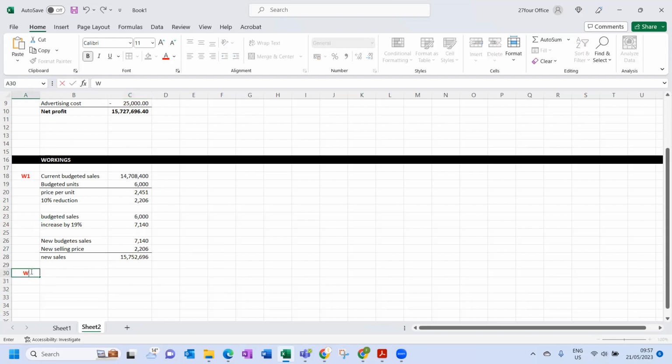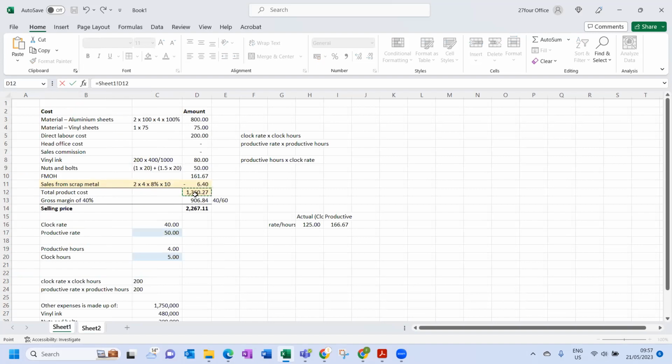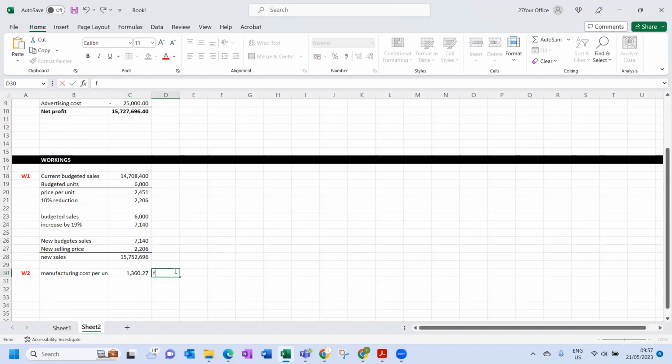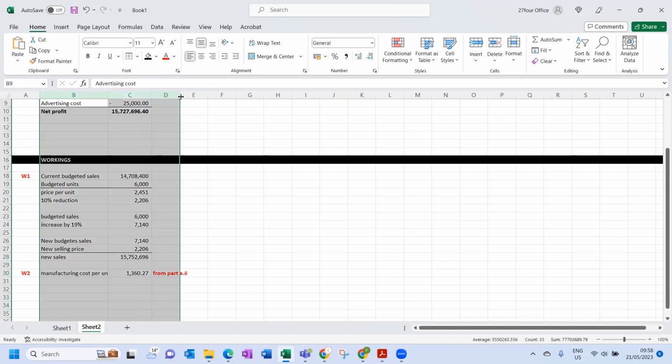Working 2, manufacturing costs per unit is going to equal that over there, from part A2, I think. That is what the question was. So we have that, and we're happy.